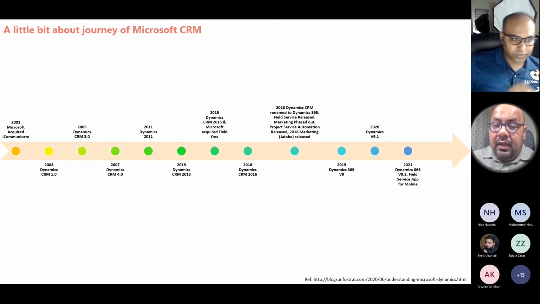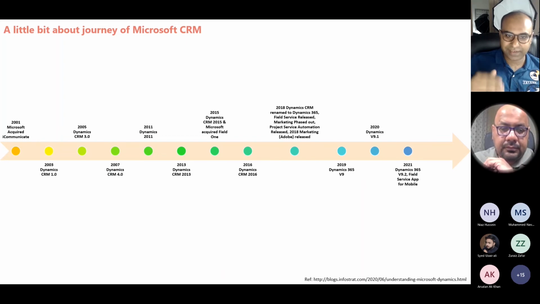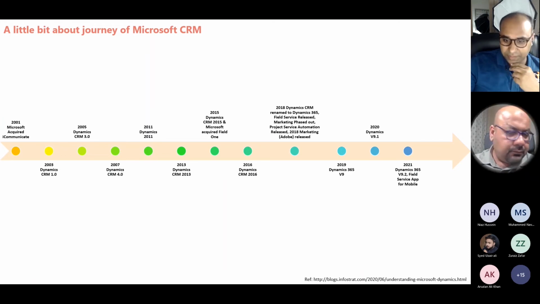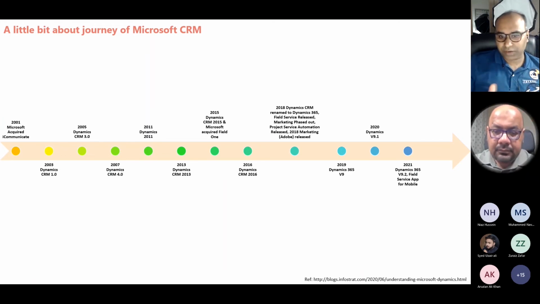CRM was always a web application, an ASP.NET based application. It was a three-tier application, running on top of IIS. Then, I believe in version 9, Microsoft started merging it with the Power Apps platform.